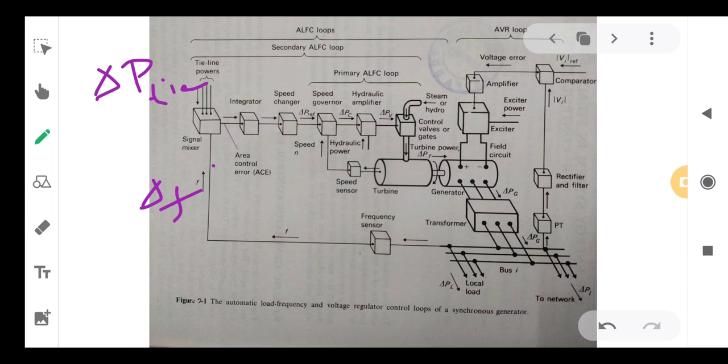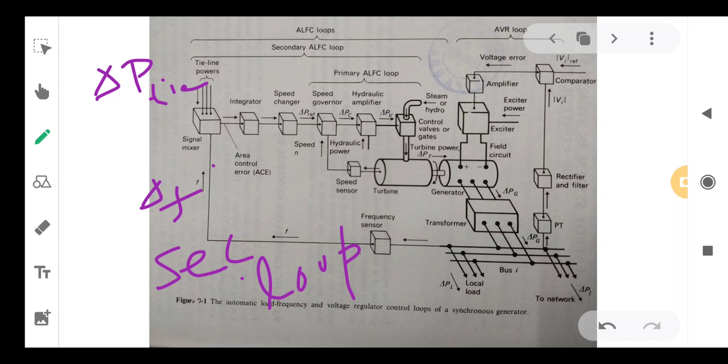So, this is an integral PI controller again, the speed changer, from which you can get the delta P reference. This is the secondary control loop, the secondary ALFC loop.